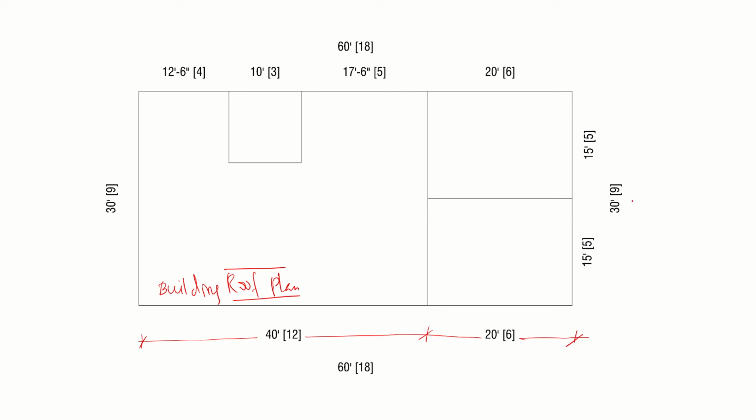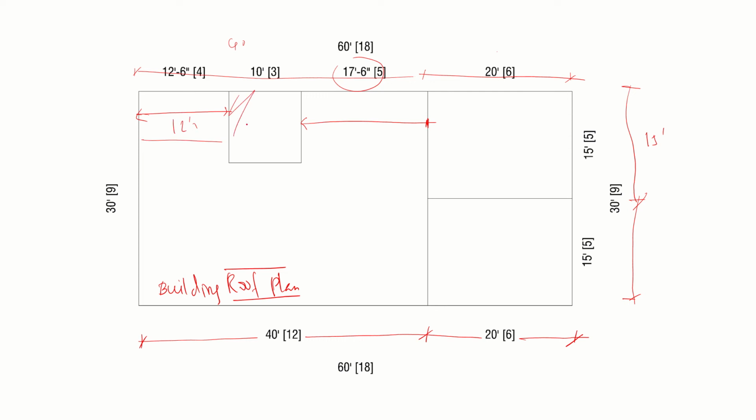On this side we have a parking area which is 15 feet, and here we have another space which is again 15 feet, and we have one room here which is 20 feet, and then we have the entire terrace which is 40 feet. In the terrace we have one headroom which is 17 feet 6 inches away from this wall, and 12 feet 6 inches away from this particular wall. That's what we have drawn last time.